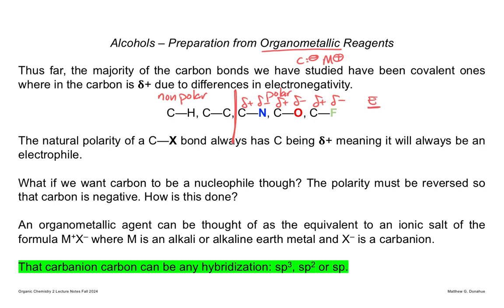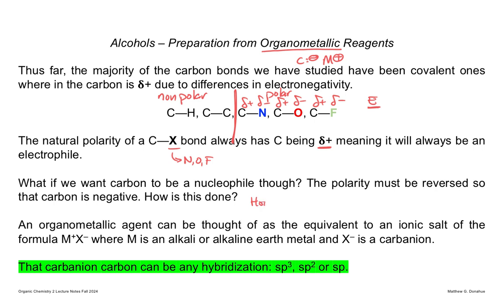That's based on electronegativity. So the thing with when X is that heteroatom, N, O, F, the carbon's always delta plus. But with a carbon anion, the carbon's going to be negative.